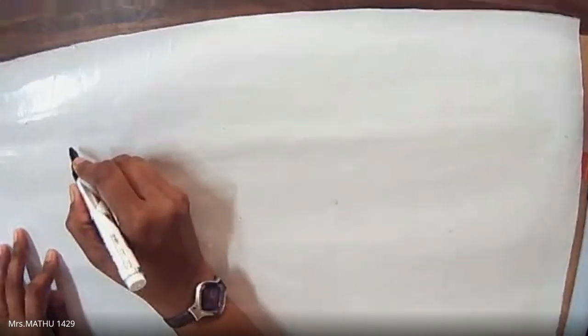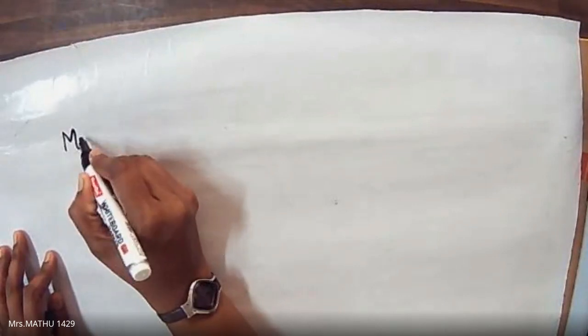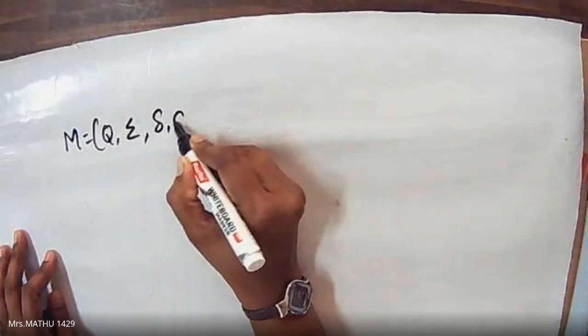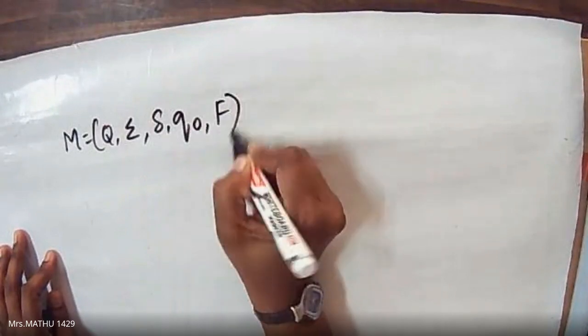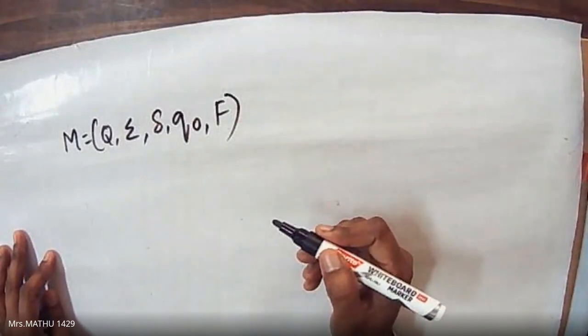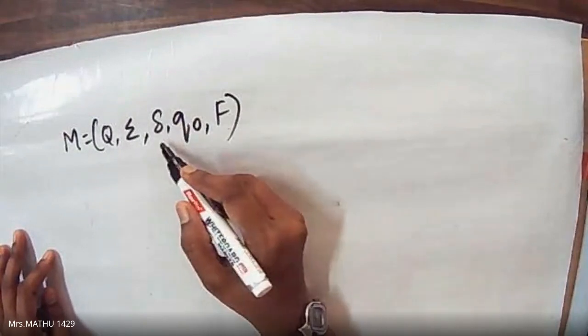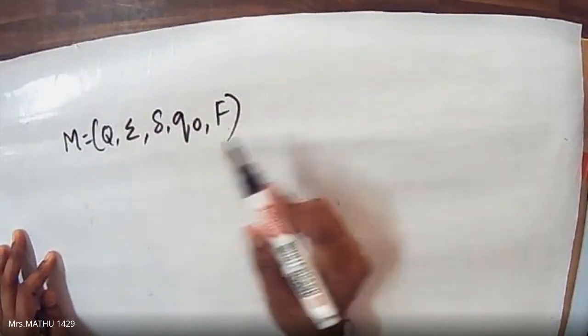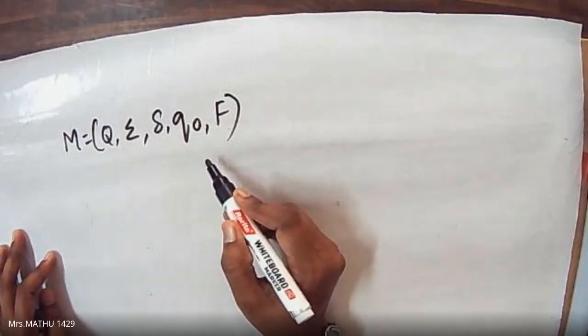We have already discussed the definition for both DFA and NFA, M is equal to Q, sigma, delta, Q naught and capital F, right? And this delta is the transition function, and this varies for both the DFA and NFA, right?